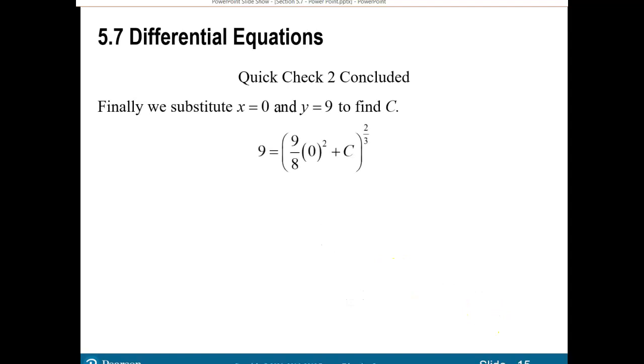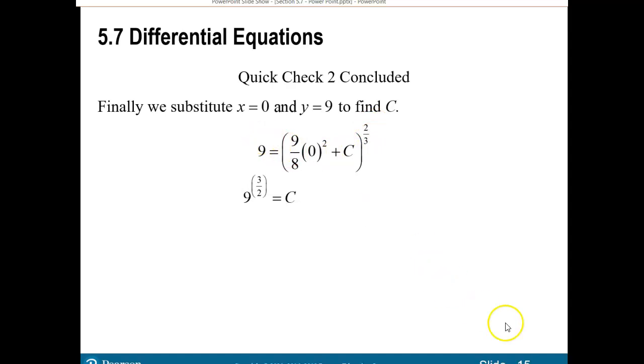All right, now we're going to substitute 0 for x and 9 for y. So here was the x, here was the y. We're going to solve for our constant. So here, this part is 0, leaving just the c. So it would be c to the 2/3. So again, to solve, you have to raise it to the 3/2 power to make that power a 1.